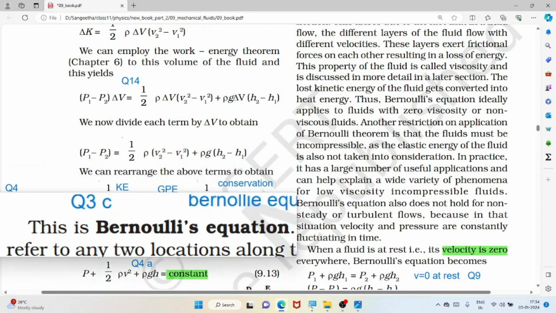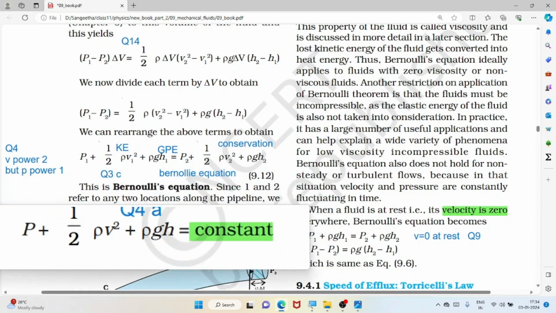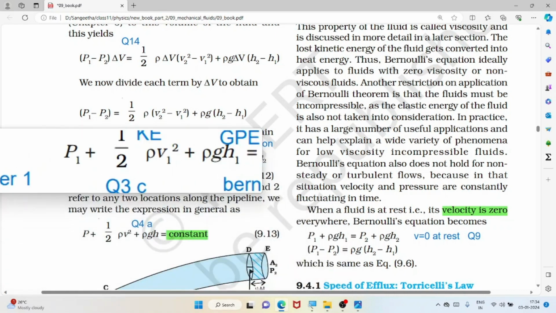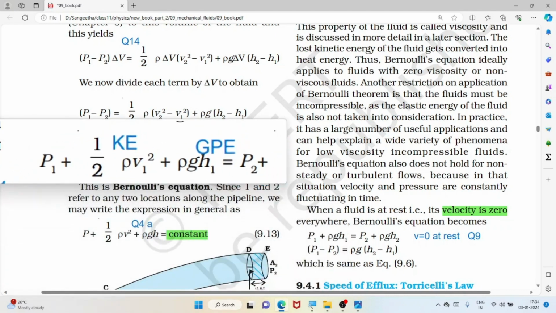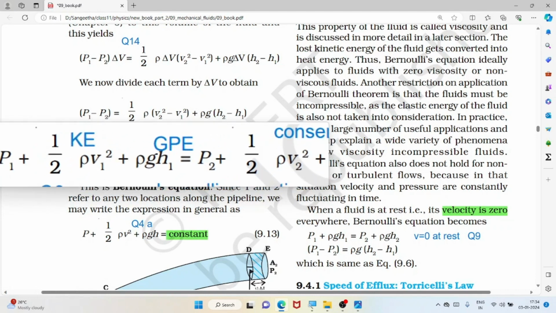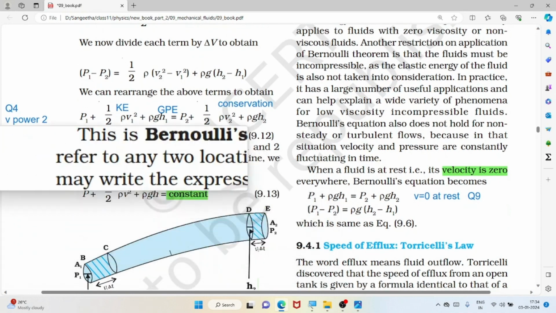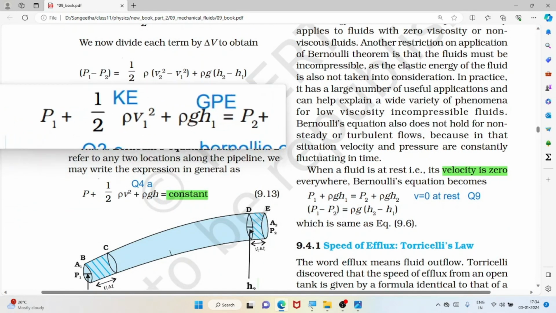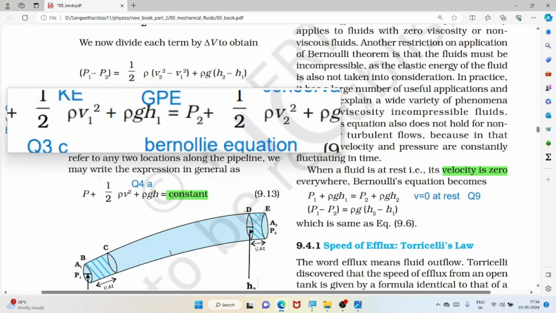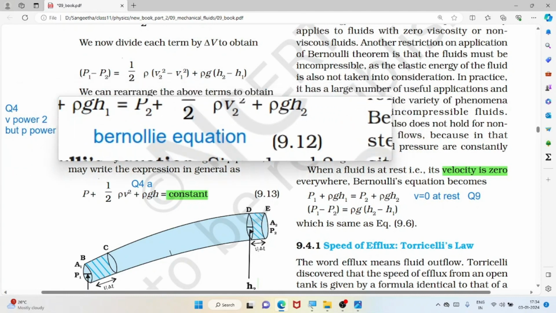Okay, this is Bernoulli's equation. This is the kinetic energy part of it, and the gravitational potential energy. If you take two points, the pressure at that point plus the kinetic energy and gravitational potential energy is equal to the pressure at another point plus the kinetic energy and potential energy.